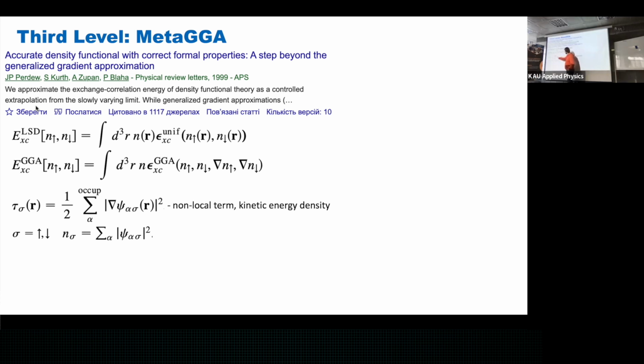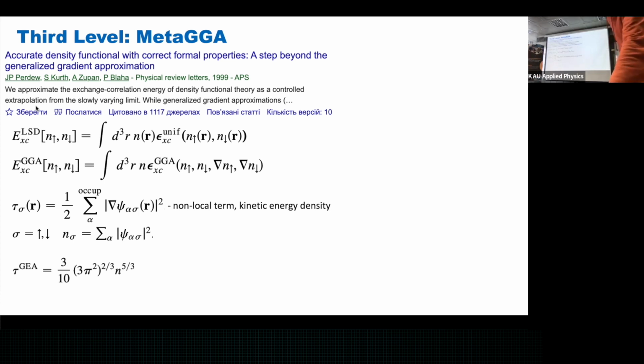It's just the gradient of the functions squared, and then we calculate this term. But in this form, it's really hard to calculate, and we should show how it looks in electronic density terms.